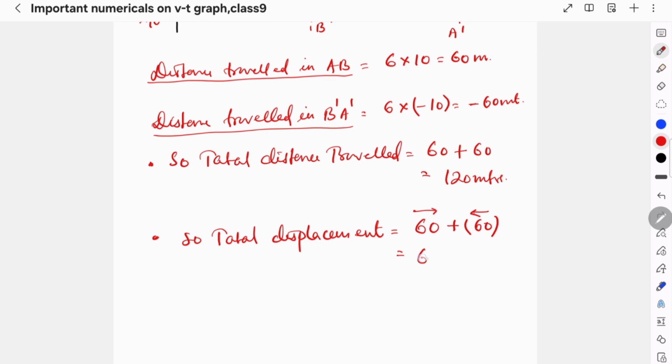So basically it will become 60 minus 60, so 0 meters. Displacement is 0 meter as the ball is coming back to its initial position. So the distance is 120 meters and the displacement is 0 meters.